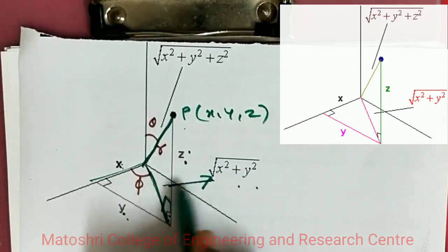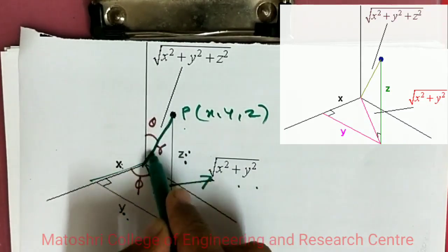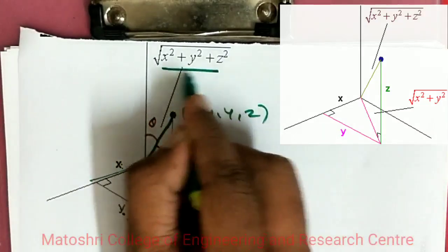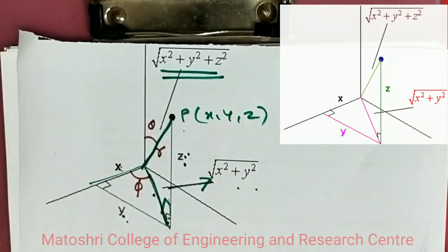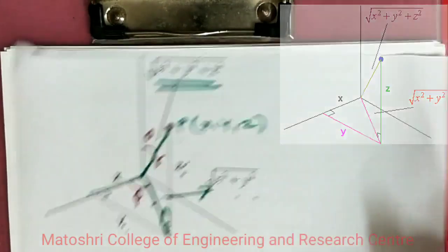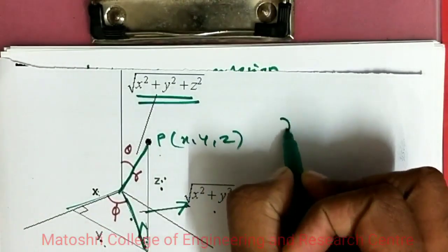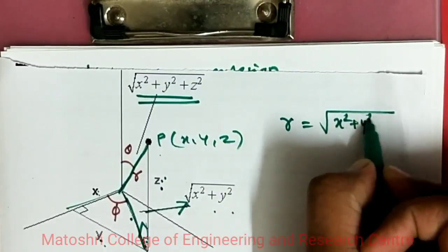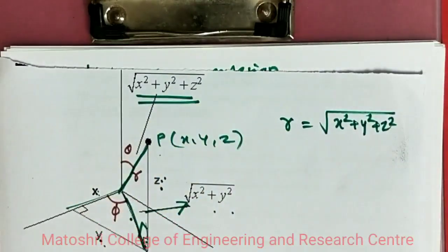First side square plus second side square is the hypotenuse square, and that's why it is found to be square root of x square plus y square plus z square. So it is nothing but the radius. So radius is square root of x square plus y square plus z square.